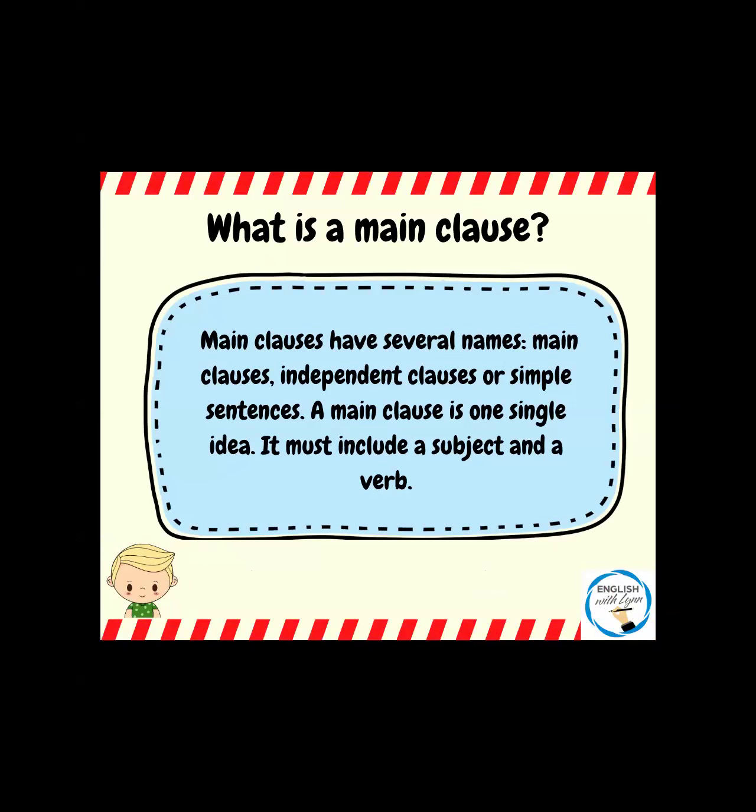And main clauses are independent because they make sense on their own. They don't need anything else adding to them to make sense. They are also called simple sentences. So when we talk about main clauses, we are also speaking about simple sentences.